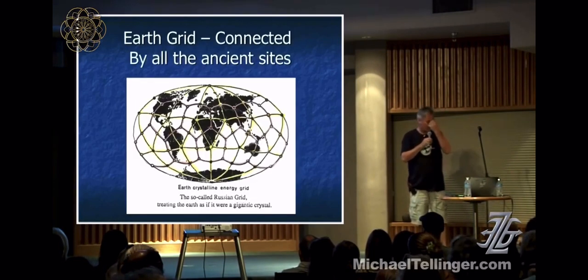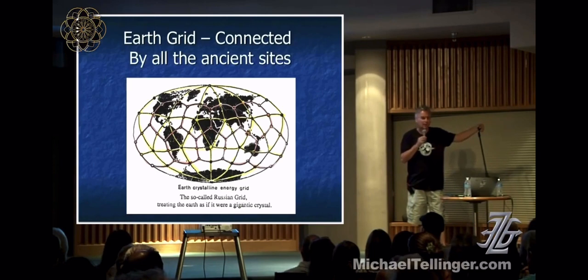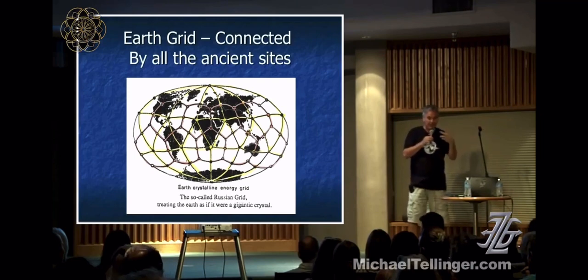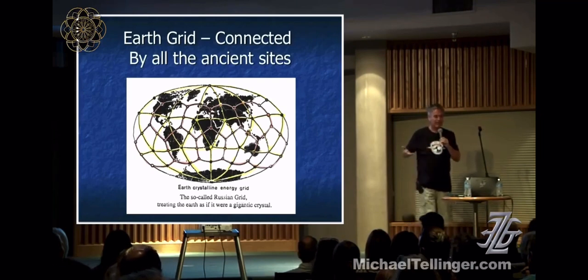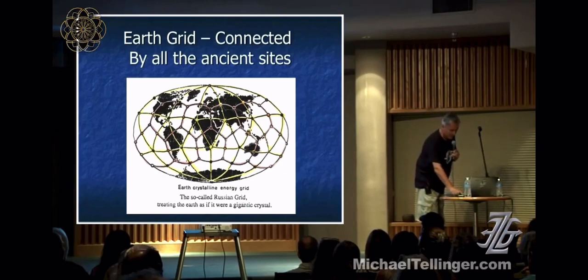And now we get to the very exciting Earth grid that seems to connect all these ancient sites on Earth. By now you should know that this is a magnetic grid. It's not just ley lines or some fancy blah. It's actually very specific energetic patterns that are created by the resonance of the Earth and the magnetic fields that it creates.